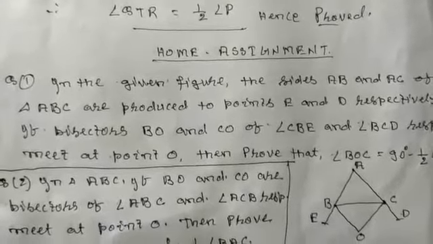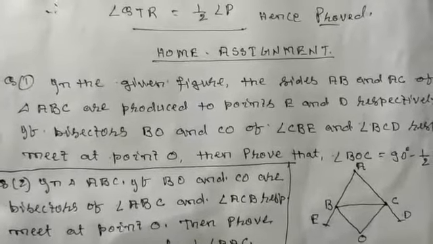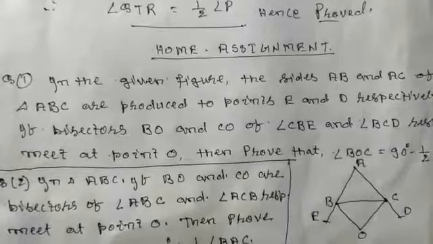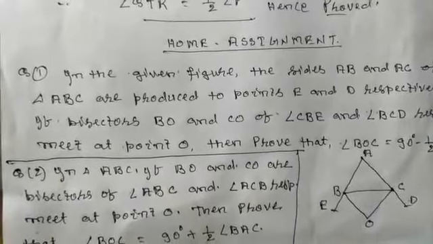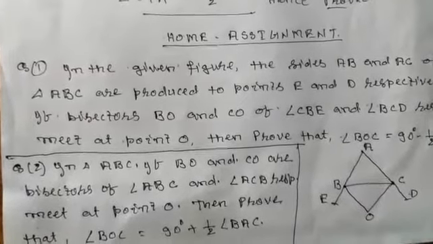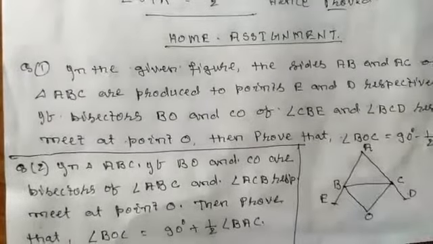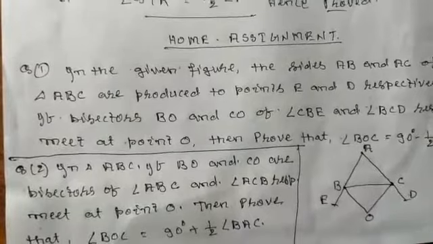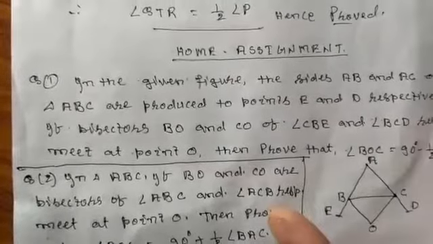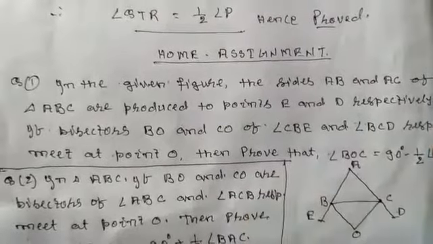It is compulsory for all of you to solve these questions and upload them in your WhatsApp group. I want to see the solution of these 2 questions from all of you, and it is mandatory.